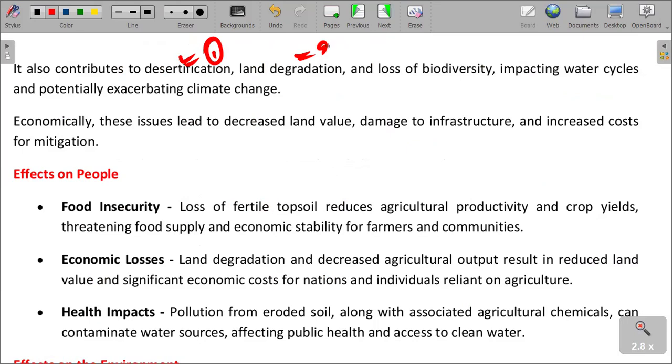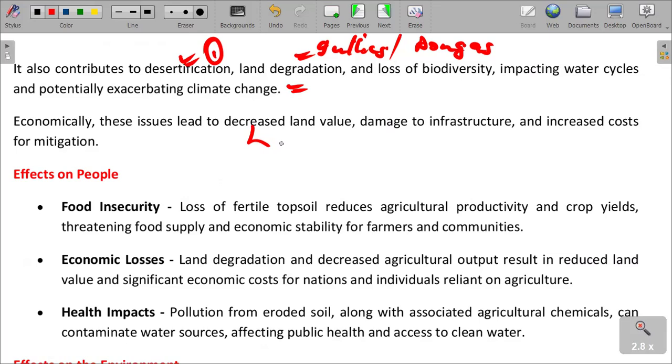We talked about those gullies that are formed, those donkers that are very deep erosional streams formed because of that. And then we have water cycle disruption and also climate change that results from that.